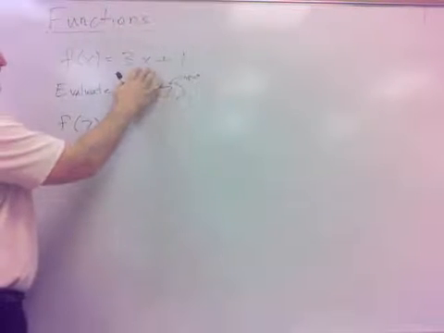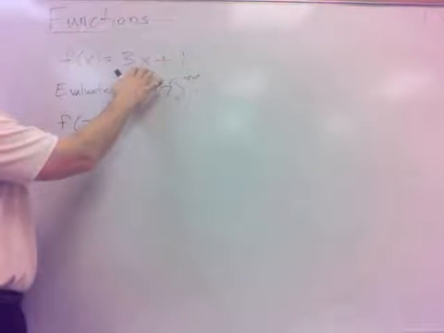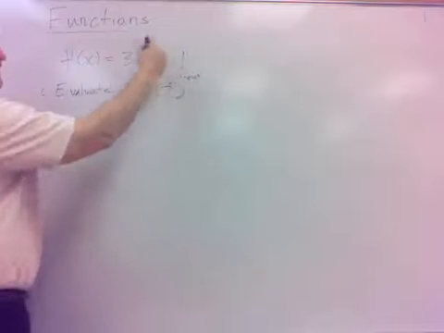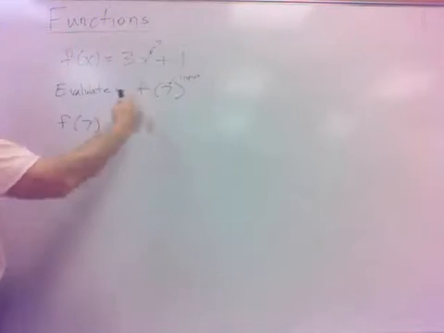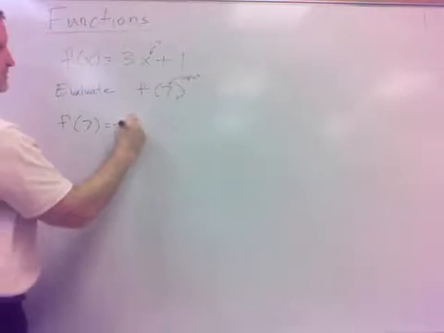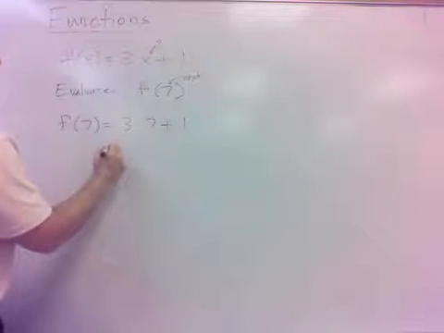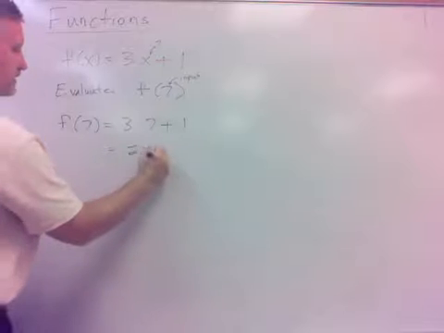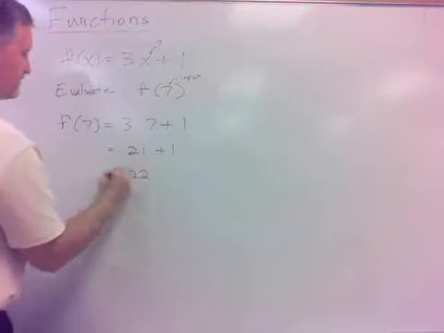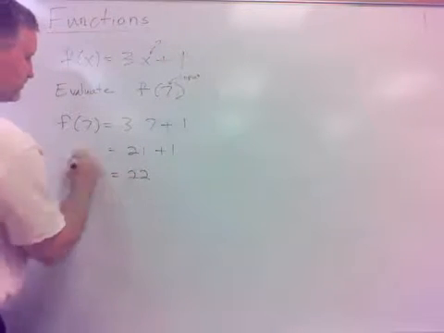So I need to replace the x by 7 here too. If it's f of 7, I'm going to input 7. So that's 3 times 7 plus 1. That's 21 plus 1, which is 22. So f of 7 is said to be 22.